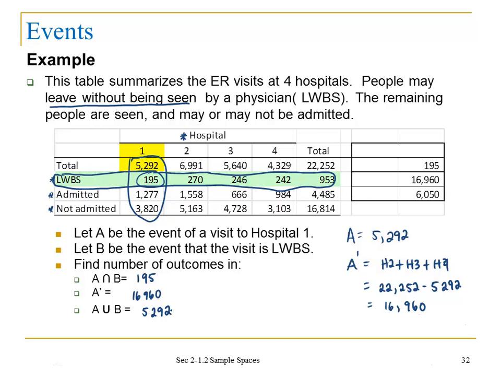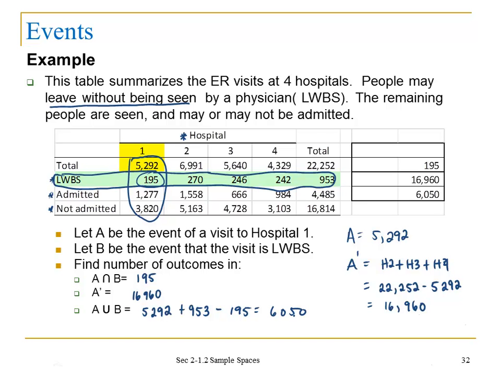And we know the total that left without being seen. The total will be 953. But if you add those 2 numbers, what that means is that you're counting these 195 twice. So you need to subtract that portion.